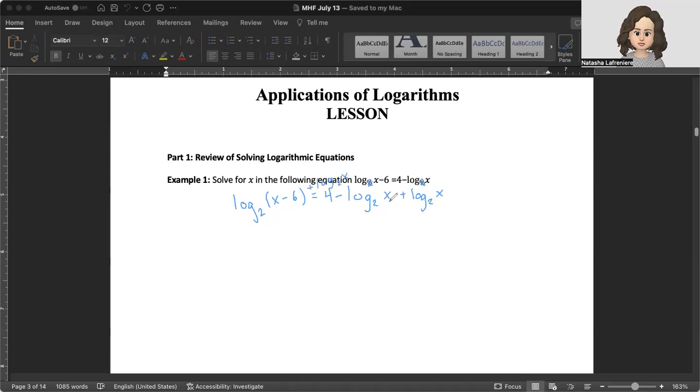That cancels this guy out. So we have log base 2 of x minus 6 plus log base 2 of x is equal to 4. And so this can be simplified to log base 2 of x minus 6 times x, because they have the same base here.